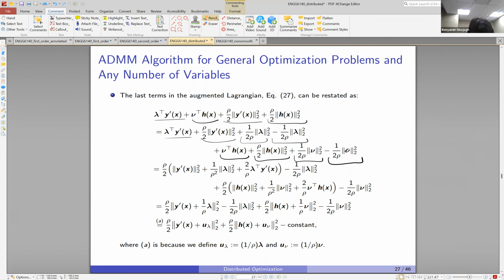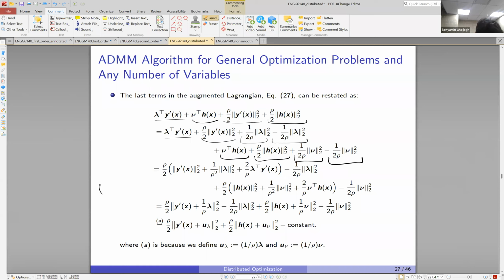Now, if you consider this term and this term, so these three terms, put them together and factor out rho over 2. Repeat this here. Factor out rho over 2 and take these three terms. Repeat this here. That's it.